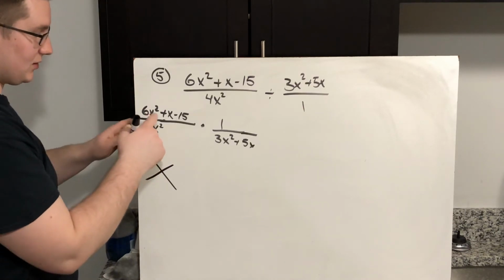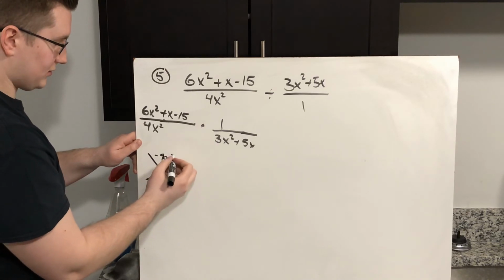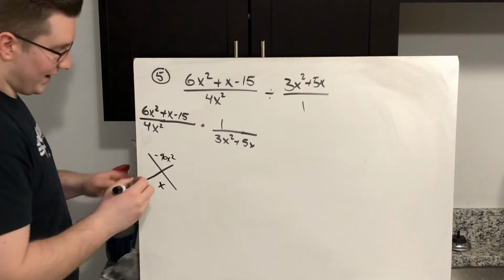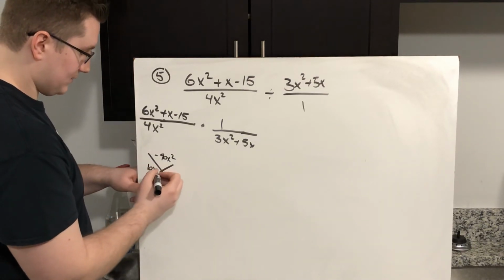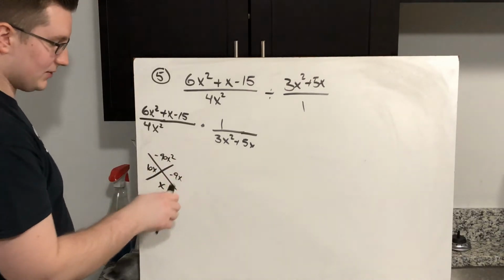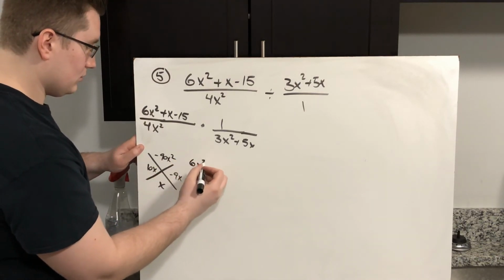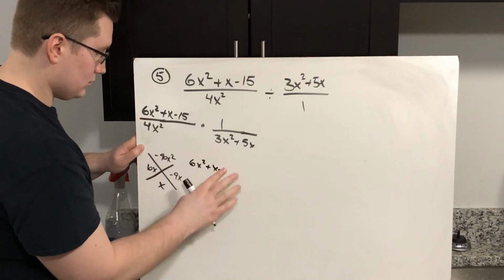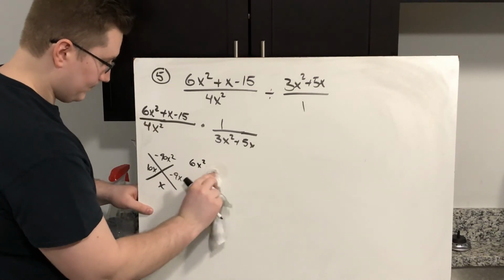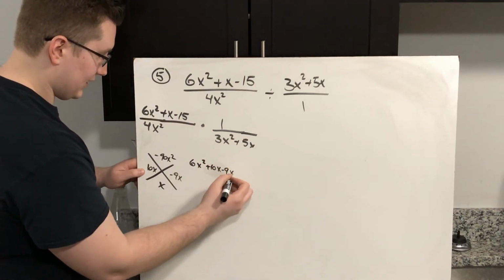I need two numbers. Well, a times c, 6 times 15 is negative 90 x squared, and then an x here. I need two numbers that multiply to negative 90, add up to 1x. I have 10x, negative 9x, because if I multiply them together, I get negative 90x. If I add them together, I get positive x. So I'm just going to rewrite this right here, plus 10x minus 9x minus 15.